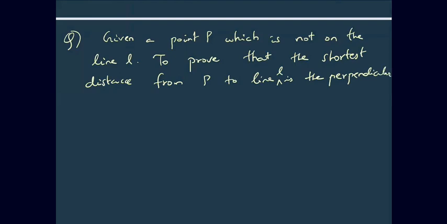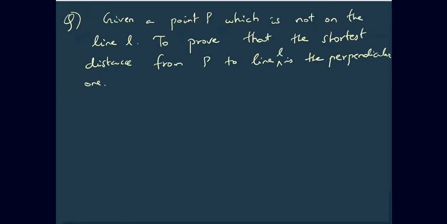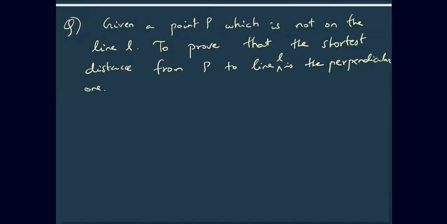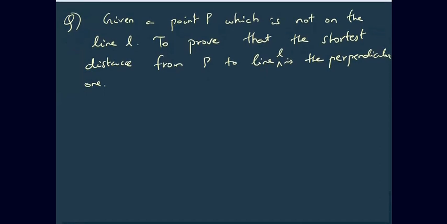The shortest distance from P to line L is the one which is perpendicular to line L. This is what you need to prove. So just try this for some minutes and then we'll discuss.